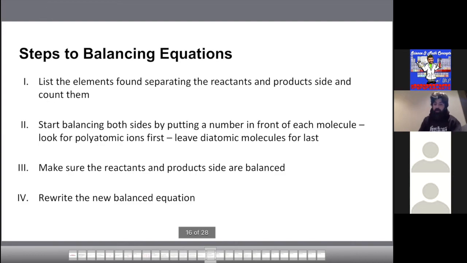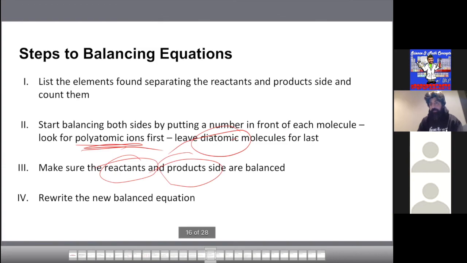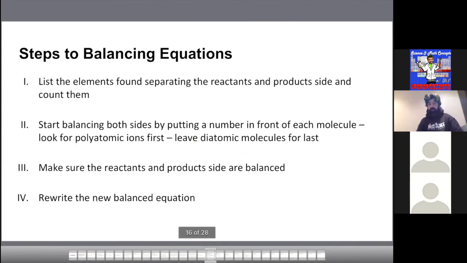One thing to always balance first, if you have them, is polyatomics; leave any diatomics last. You want to make sure that the number of atoms on the reactant side equals the number of atoms on the product side. And then finally, you might want to rewrite the equation so it's a lot cleaner.